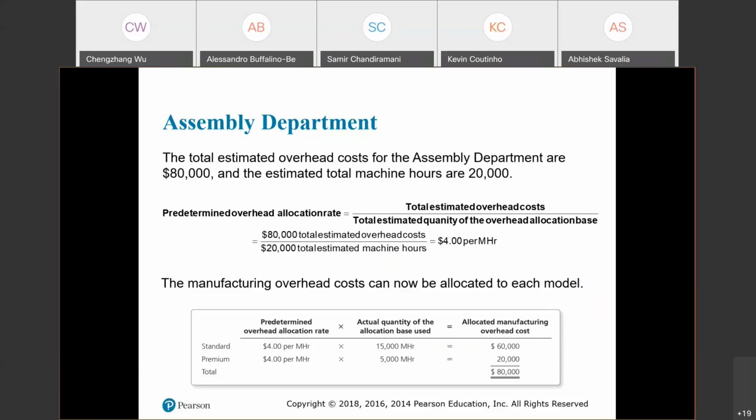So in total, it is 20,000 machine hours. Management also analyzed the expected overhead costs and separated them into two cost pools, one for each department.